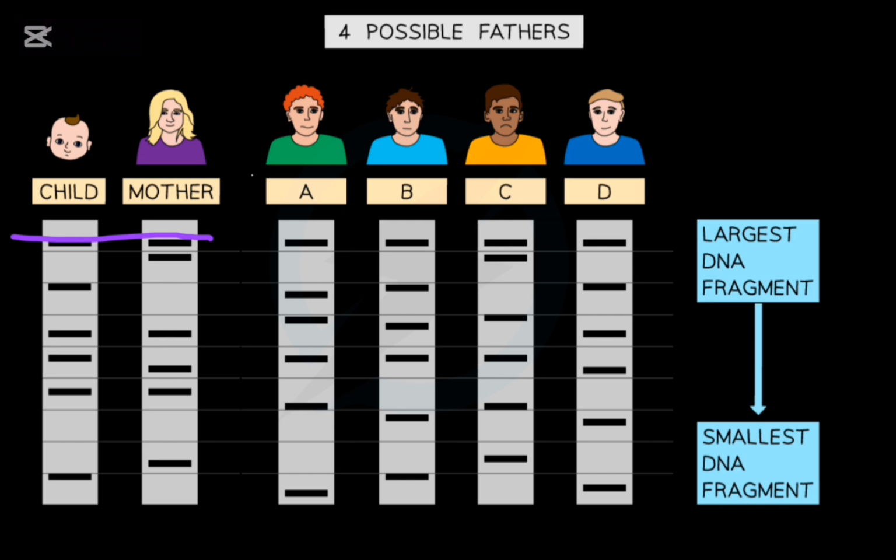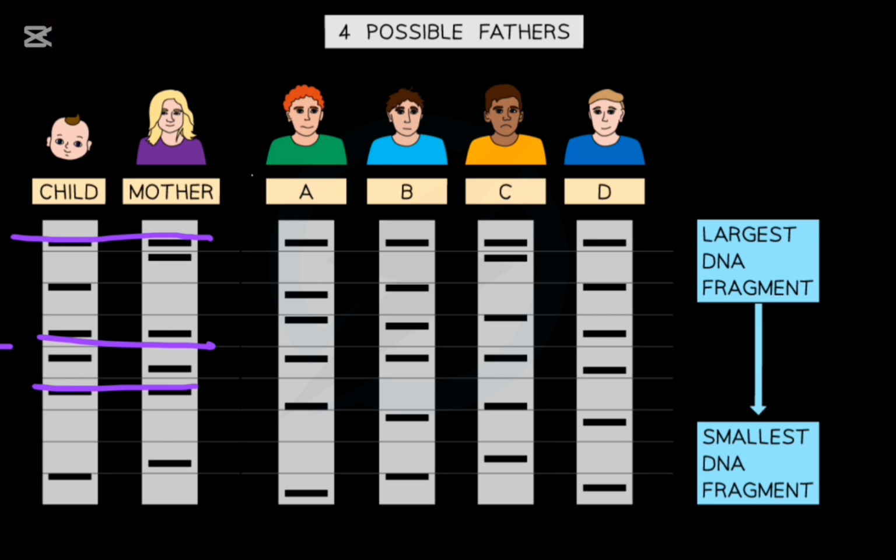Here there's nothing on the mother. The second bar does not match. The third bar matches with the mother. The fourth bar does not match. The fifth bar matches with the mother. And the last bar does not match with the mother.